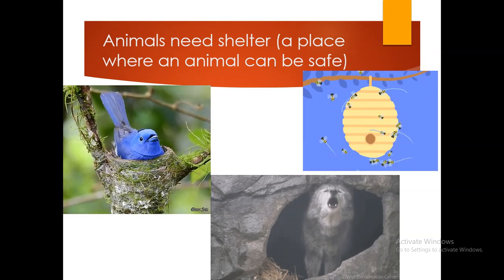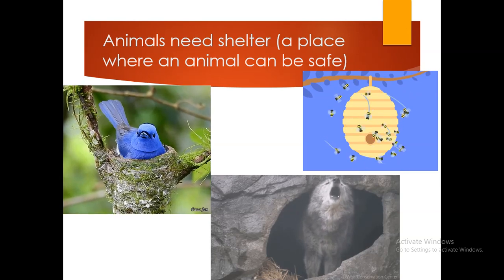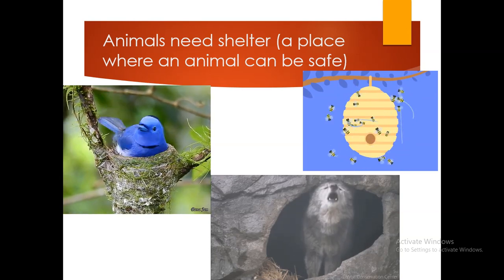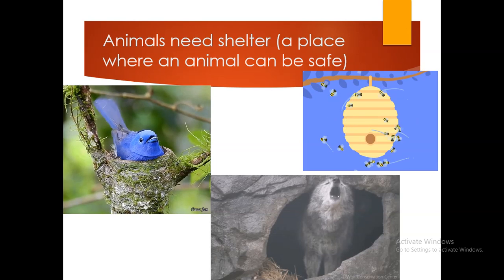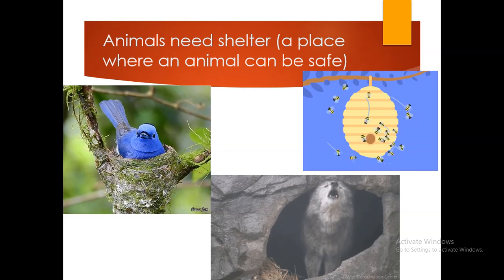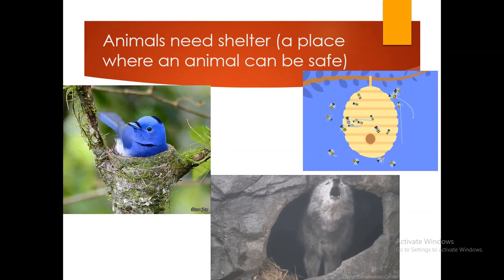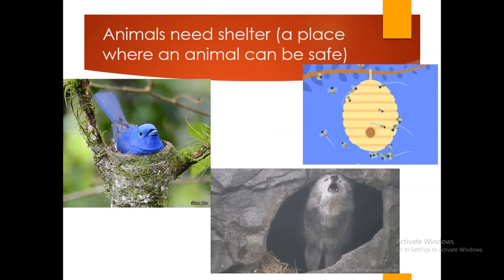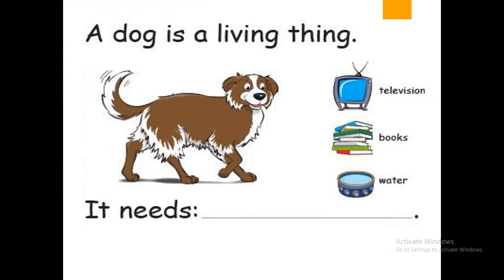Plants, beside water, food, and air, they also need soil and sunlight. Now, this is an exercise for you. A dog is a living thing, as we learned.